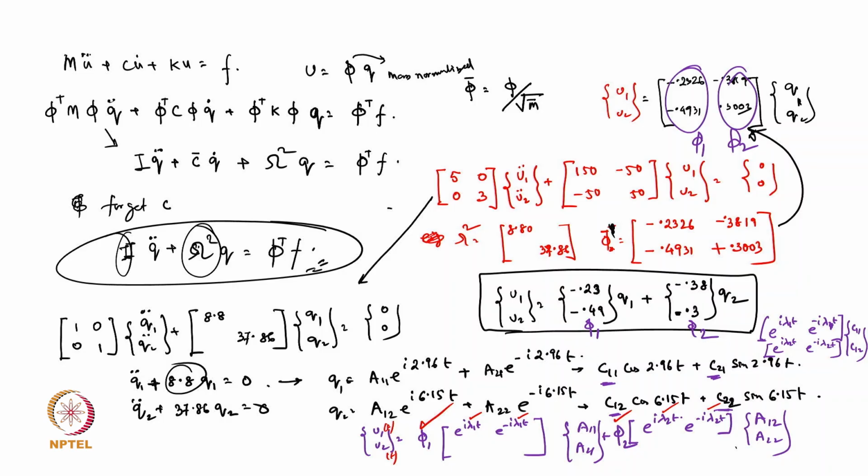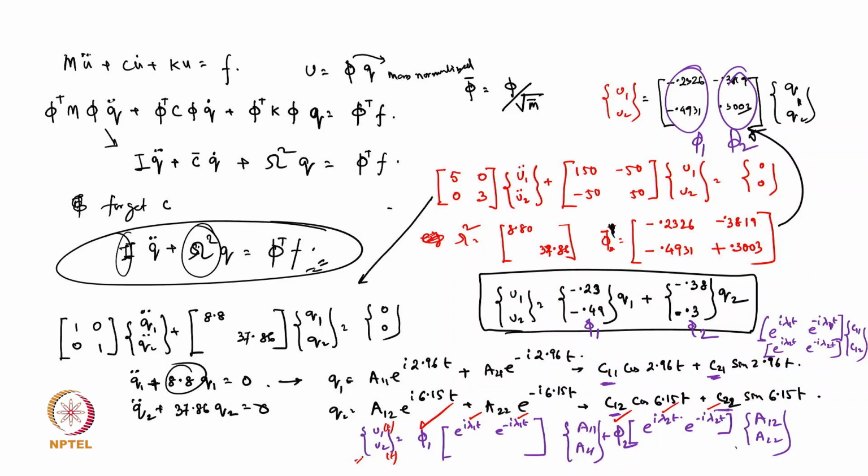Now remember, try to recall: for a single degree of freedom system, how did we solve the free vibration problem? Initial conditions, exactly. So at t equal to 0, we know the values u1, u2. From there, we have to calculate the four values.